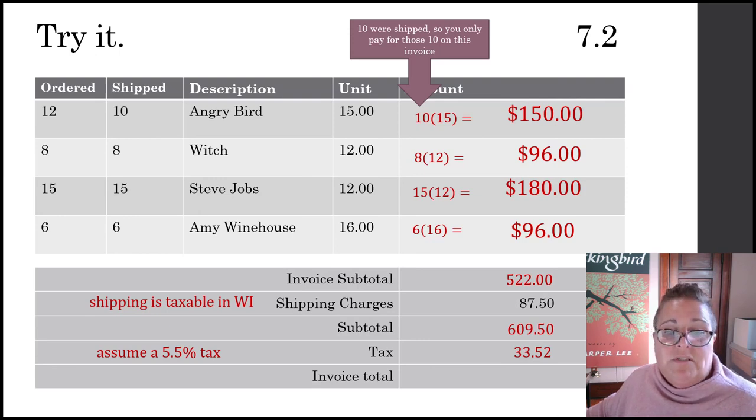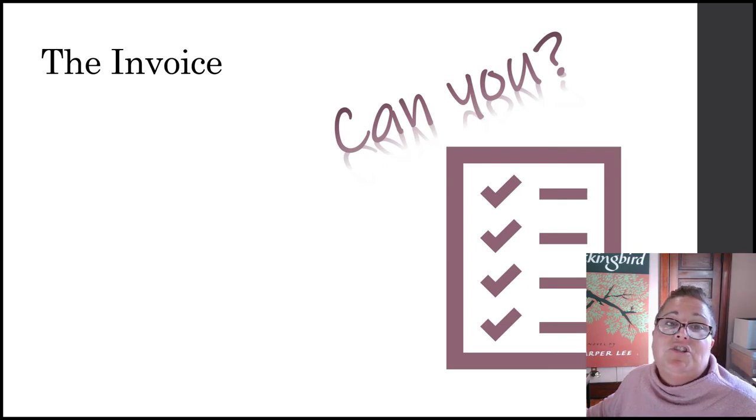And now my invoice total would be the $609.50 plus the $33.52, or $643.02. Right? And that is an example of extending a total. It's just those 2 sections on the invoice in this case.